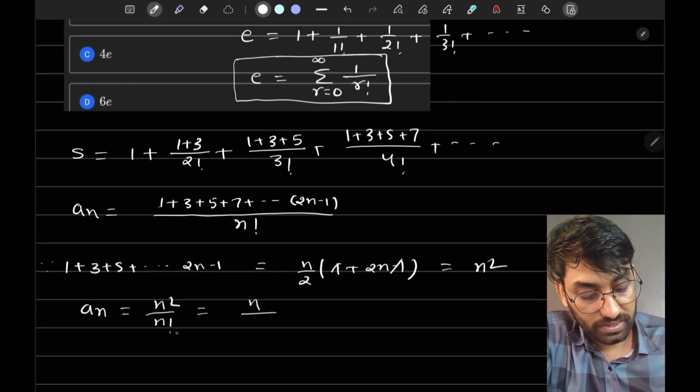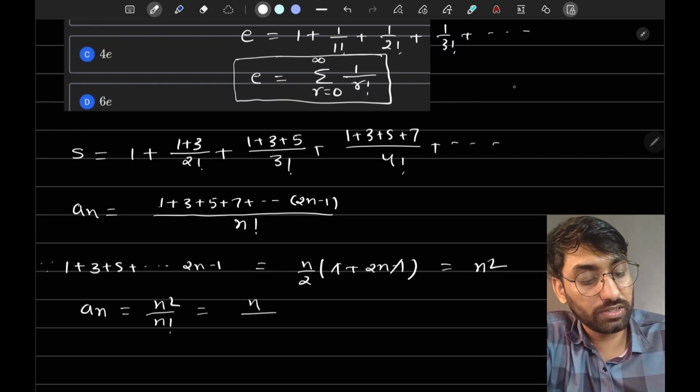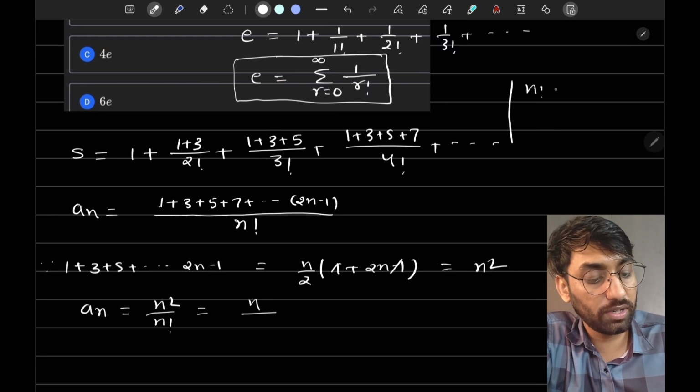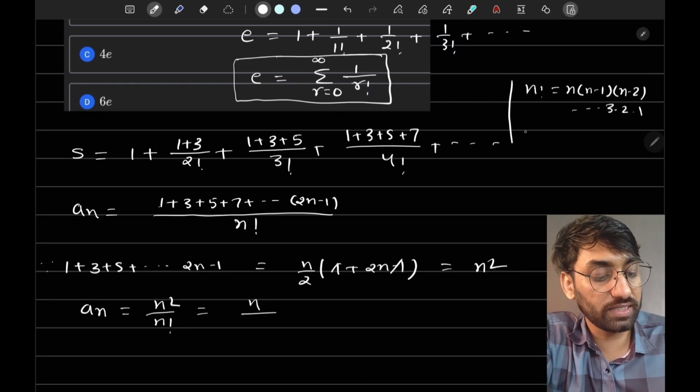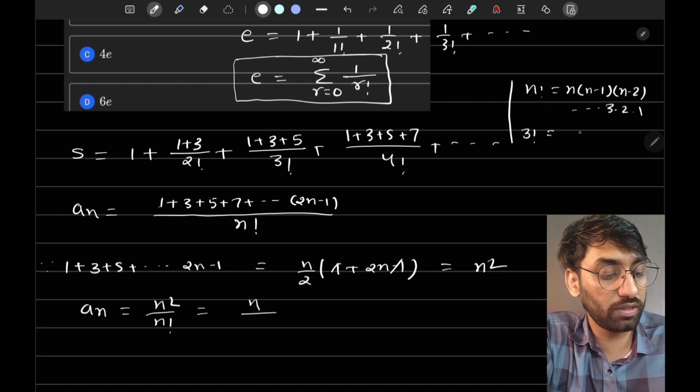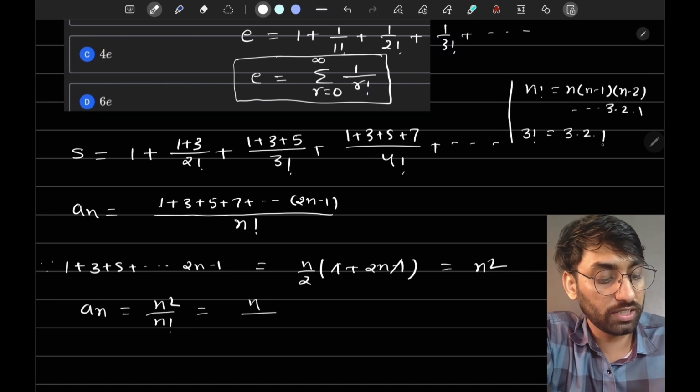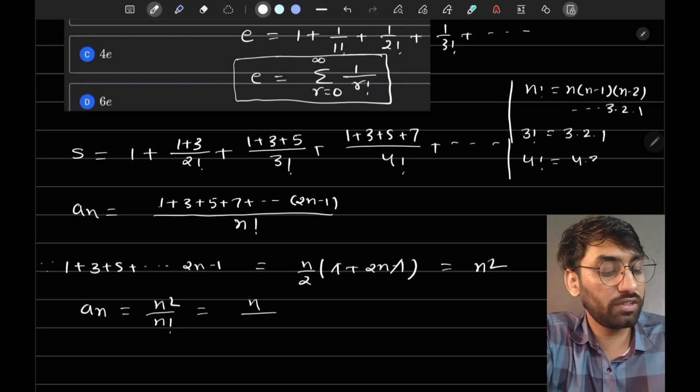Now, one more property of n factorial. n factorial means n into n minus 1 into n minus 2, and this goes till 3 into 2 into 1. If someone asks what is 3 factorial, it is 3 into 2 into 1. What is 4 factorial? 4 into 3 into 2 into 1.